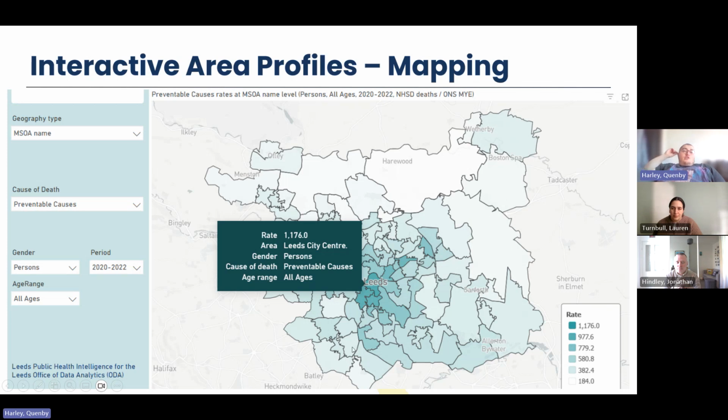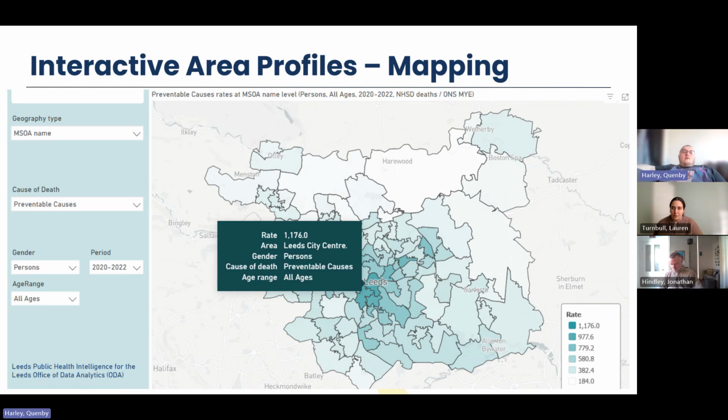And then there's also mapping. The box with the data written out comes up when you hover your mouse over an area. This is just a screenshot, but in the actual interactive map, you can hover your mouse over the Harewood MSOA or whatever, and it will give you the rate and that more in-depth information.